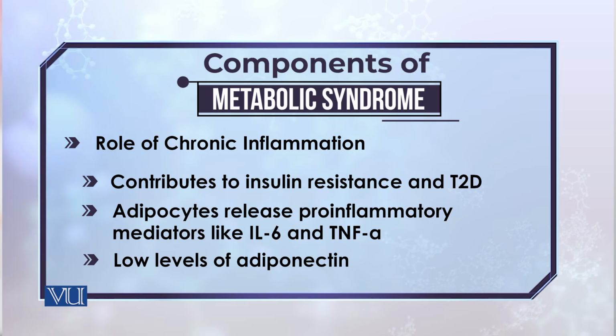Then low levels of adiponectin also. Adiponectin is involved in the regulation of lipid metabolism. In addition to doing other things, one of the major things it does is regulate the lipid metabolism, and also it regulates the insulin level in your blood.